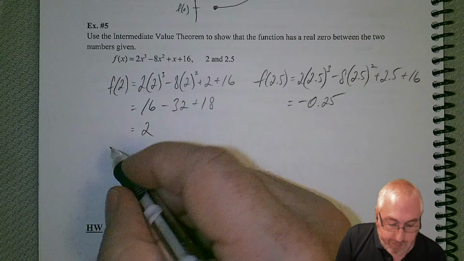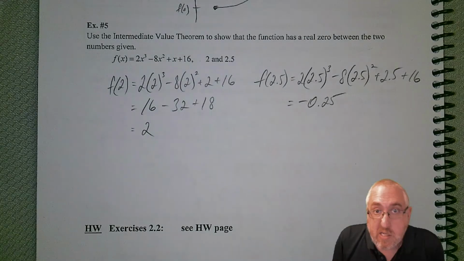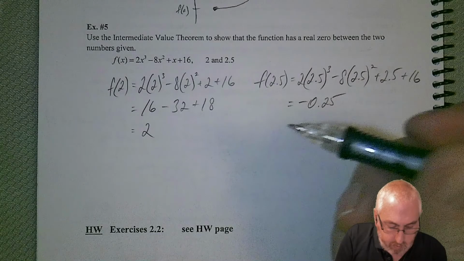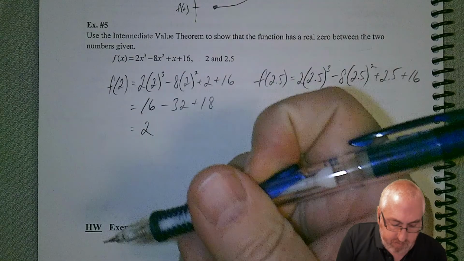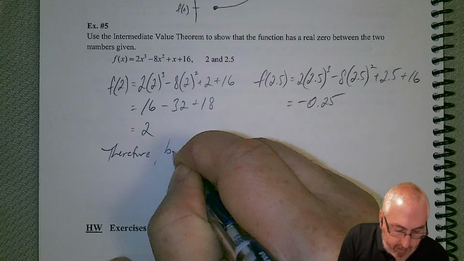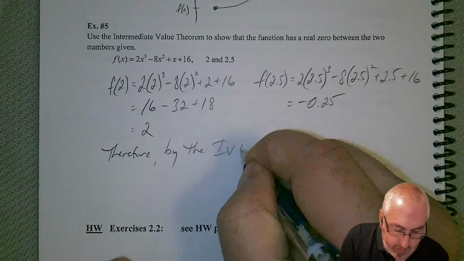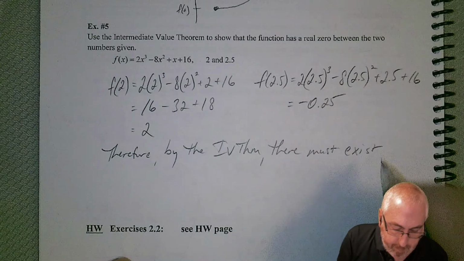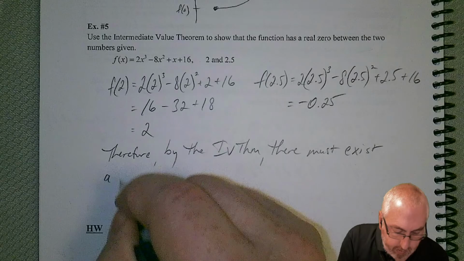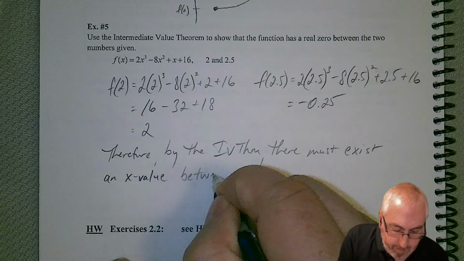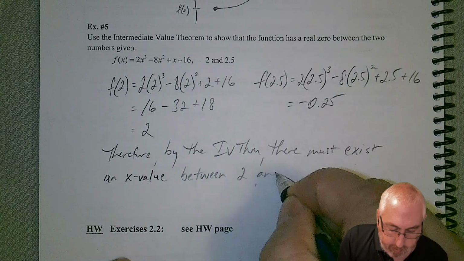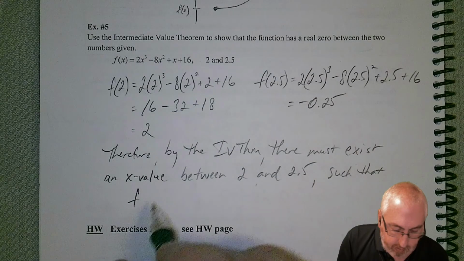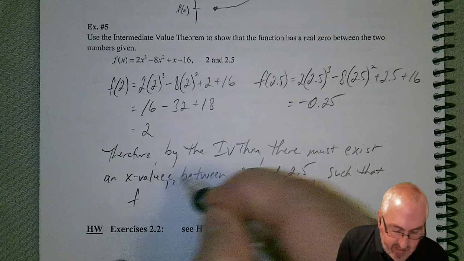So as a concluding statement, you can say something to the effect, therefore, by the intermediate value theorem, there must exist an x value between 2 and 2.5 such that f, well, let's call that x value c, such that f of c equals 0.